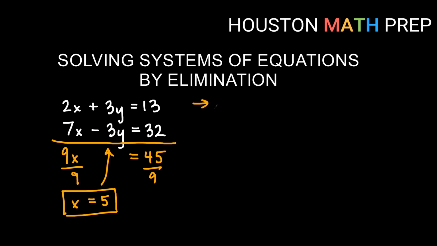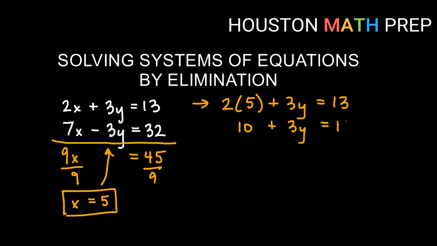So if x is 5, that would give me 2 times 5 plus 3y equal to 13. So I'll do my multiply. That's 10 plus 3y equals 13. Some of you already can see the answer, I bet. So if I subtract my 10, that will give me that 3y is equal to 3.